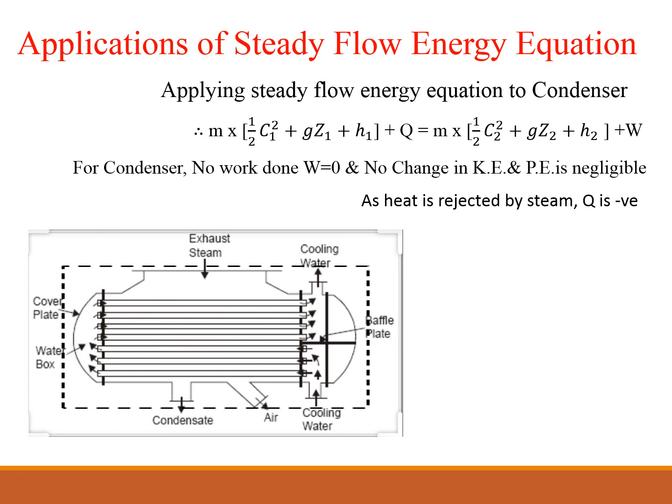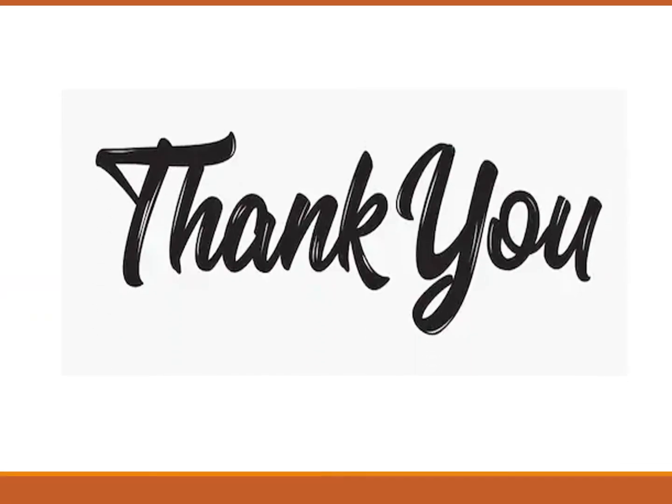So the modified equation is m H1 minus Q is equal to m H2. So we get Q is equal to m in bracket H1 minus H2. Thank you.